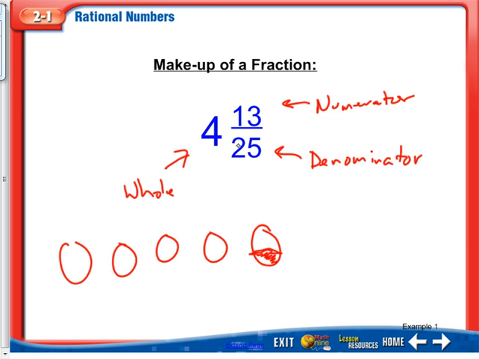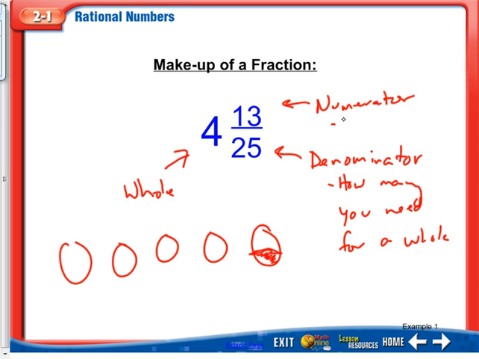Now, we can always regroup these. The bottom number tells us how many you need for a whole. The numerator is like the leftovers.